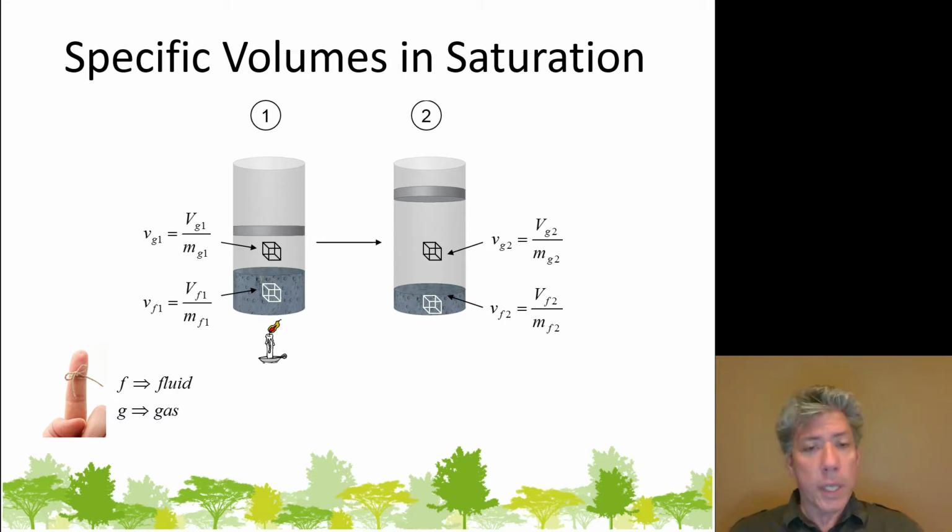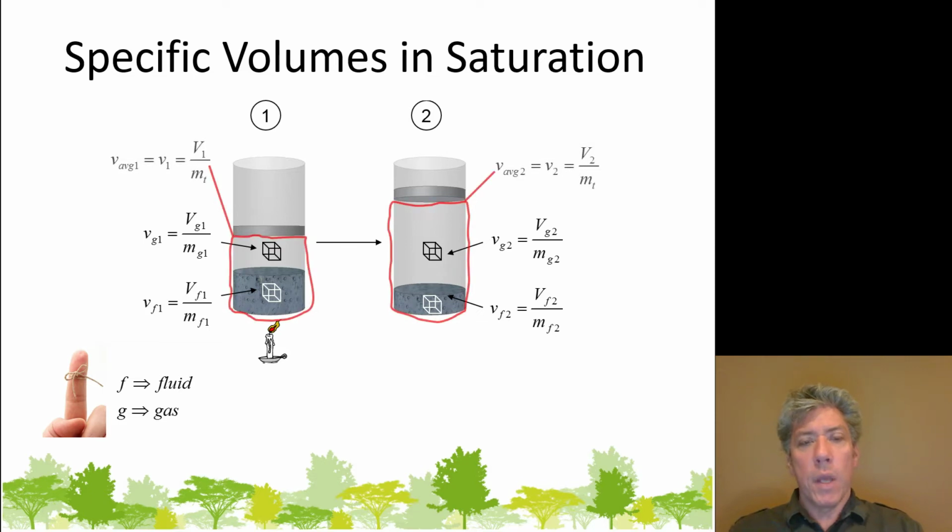So if you're at boiling and you have 2 phases and you've set one of the properties, that's it. The specific volume, the entropy, the internal energy, all those things have to be constant in the vapor phase and in the liquid phase. Now, the quantity of vapor and liquid can change, and in fact that's really the only difference between system 1 and system 2. So if we look at the average specific volume, okay, so if we take the total volume in the system and divide it by the total mass, now we'll see a difference.